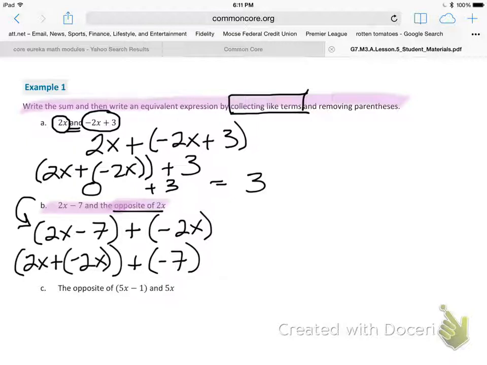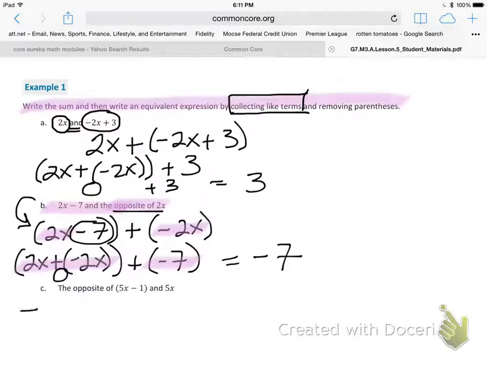What we're doing is combining these two right here, and leaving this -7 on its own. This whole mess here equals 0, and then we still have a -7, so this is going to equal -7.